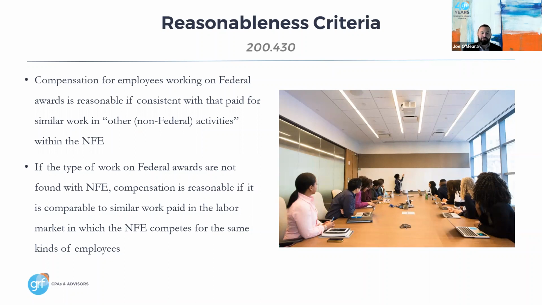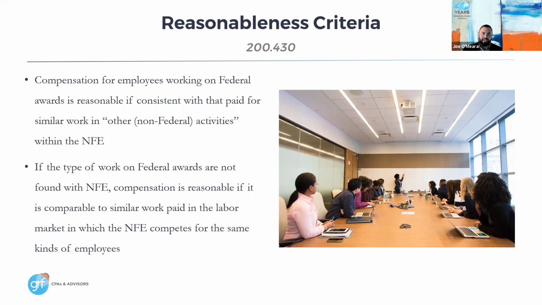So again, having a robust compensation policy and procedure to guide you, and really for a lot of the allowable costs that we'll talk about today, if you do not have a documented policy and procedure for it, then you end up at the mercy of what the U.S. government says is reasonable for that type of cost.